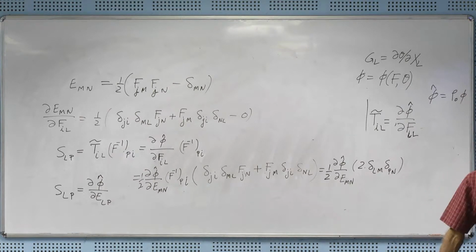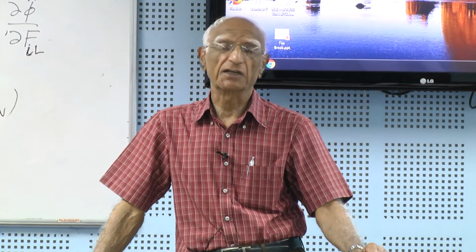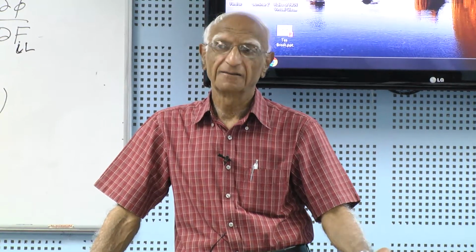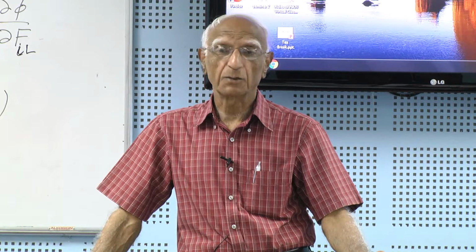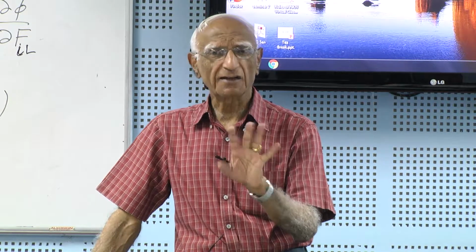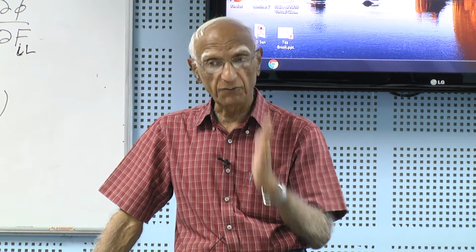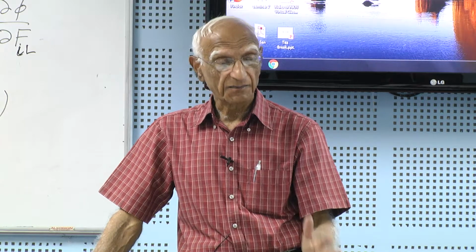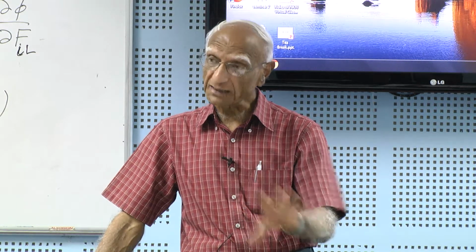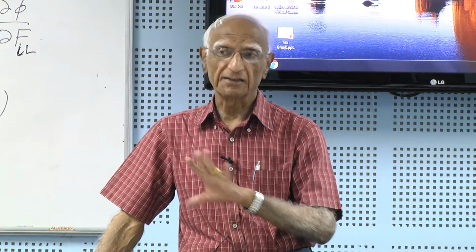So you can find any component of the stress tensor you like. But you must report your answer in terms of the Cauchy stresses. Otherwise, this second Piola-Kirchhoff stress tensor is mathematically convenient. That's all. It's mathematically convenient. It has no physical meaning.